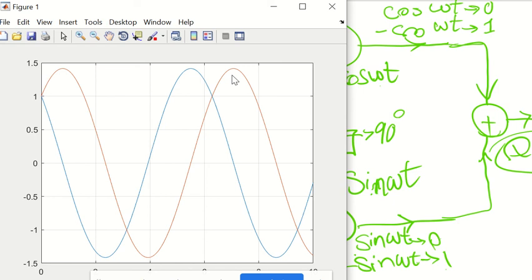So this is 0, 0, this is 0, 1. So what you have at the output, you have 90 degrees phase shift from those 2 signals. So you would know, okay, this is my 0, 0, this is my 0, 1. And then 1, 1 has another 90-degree phase shift, and 1, 0 has another 90-degree phase shift.